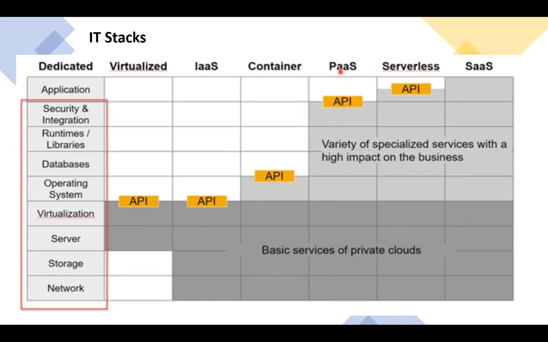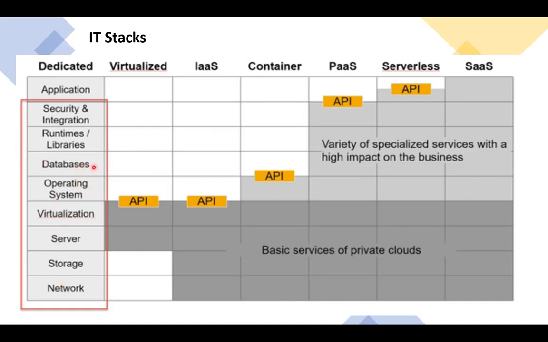So this PaaS is very much relevant for us because our BTP, Business Technology Platform, comes under this PaaS, platform as a service. So BTP is platform as a service. We do not need to worry about the operating system.